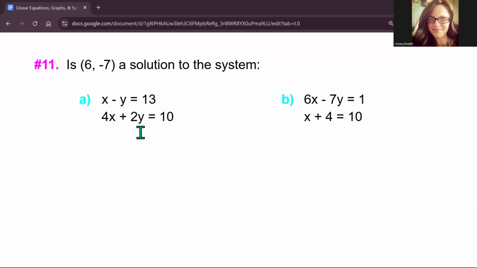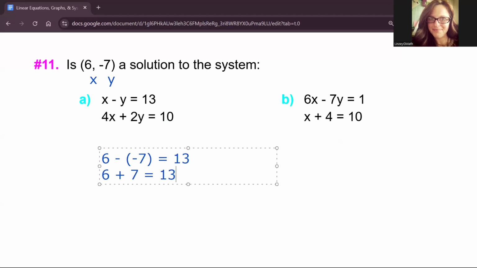Taking a look at systems of equations, let's test this point and see if it is a solution to either one of these systems of equations. It has to work for both. So we'll start by substituting 6 in for x, negative 7 goes in for y, and we see that we do get 13 equals 13.